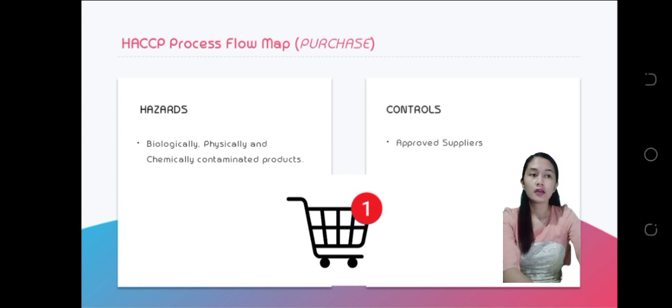Of course, if we purchase, those are the hazards we expect: biologically, physically, and chemically contaminated. While in controls, it must be approved by the suppliers before i-display, before i-purchase sa mga customers.